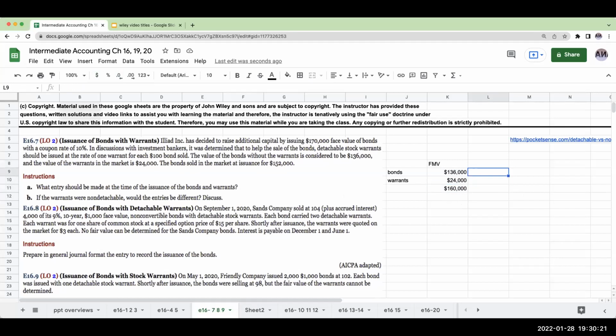So I'm going to take the bonds divided by the total value, or 136 divided by 160, and 24,000 divided by 160.